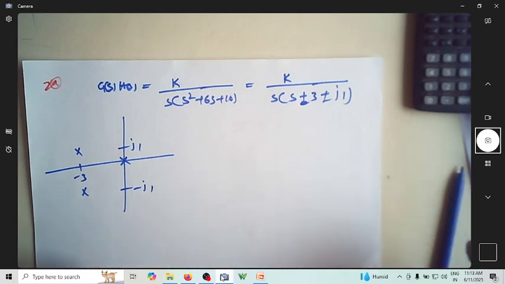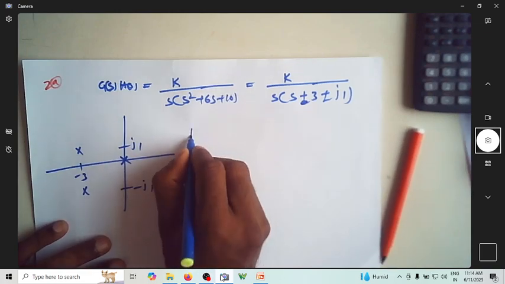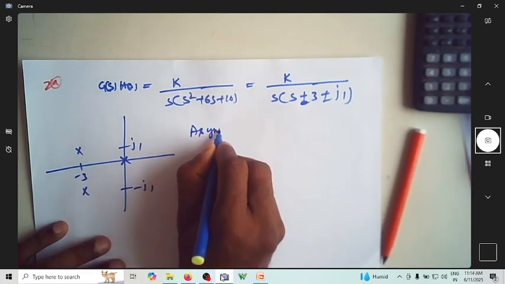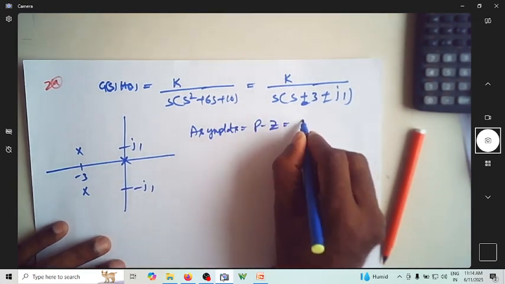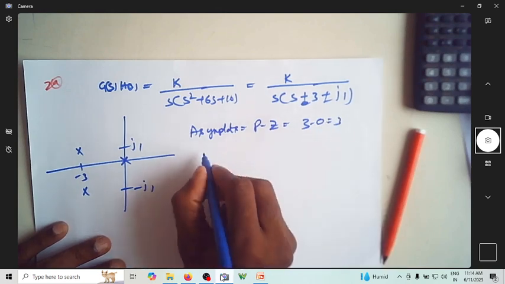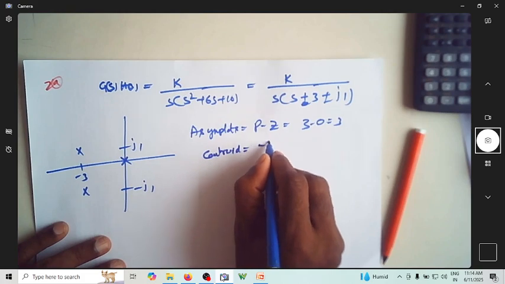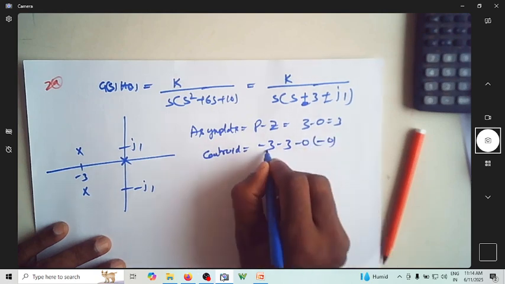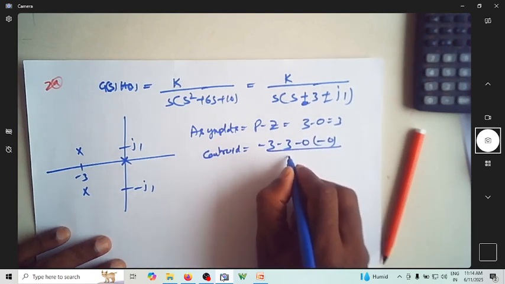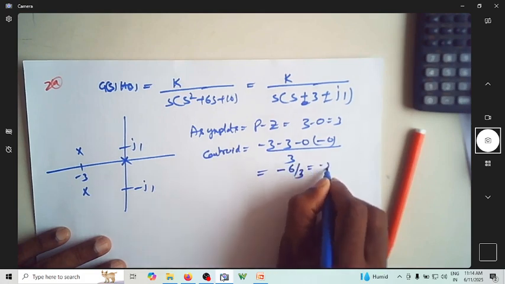These are the pole positions. Now we need to find the asymptotes. The number of asymptotes is P minus Z, which is 3 minus 0, which is 3. The centroid will be minus 3 minus 3 minus 0 by 3, which is minus 6 by 3, which is minus 2.